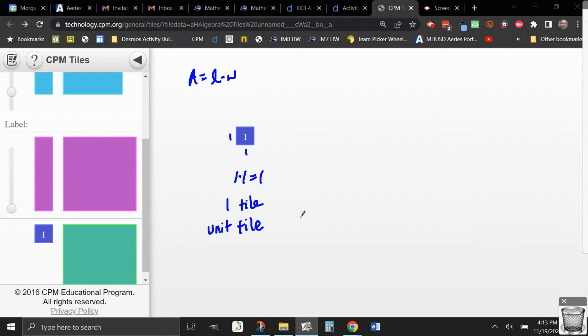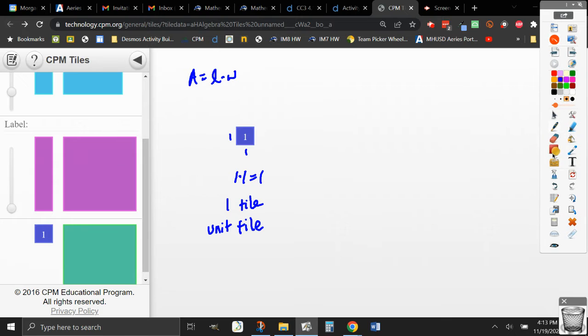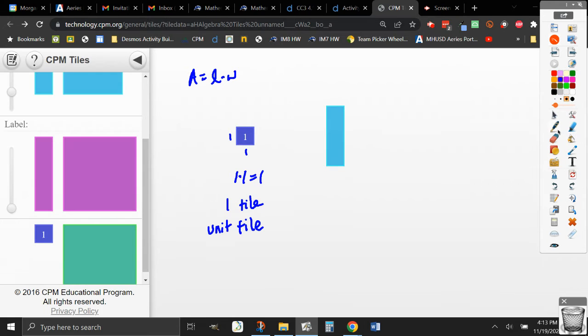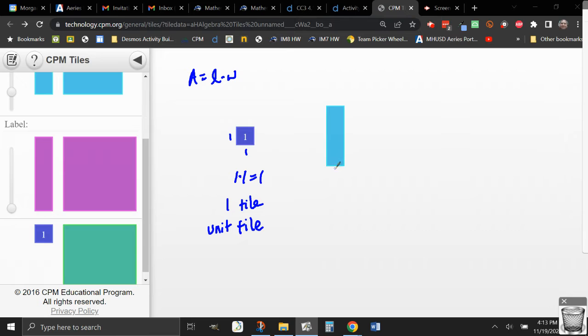So if you hear me referring to something as a unit tile, I'm talking about the dark blue tile here. The next tile that we would consider is this tile right here. This tile has one of the characteristics of the dark blue tile. This tile has a width of 1 here, but the length is unknown.